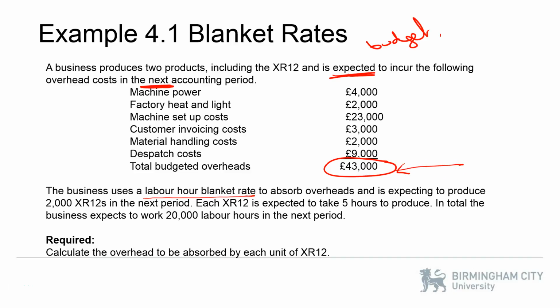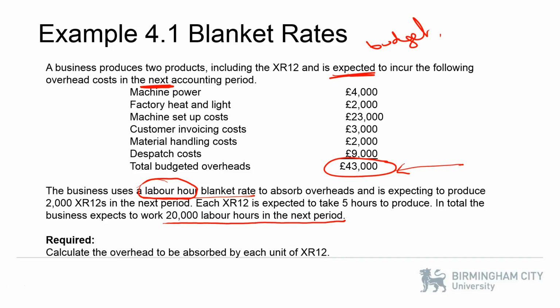That's for the next accounting period. Divide that by the budgeted activity level, and we know that we need to use labour hours. So we're looking for the budgeted labour hours. Need to get the time periods the same. So we're looking for the budgeted labour hours in the next accounting period. And there we have it: 20,000 labour hours in the next accounting period.